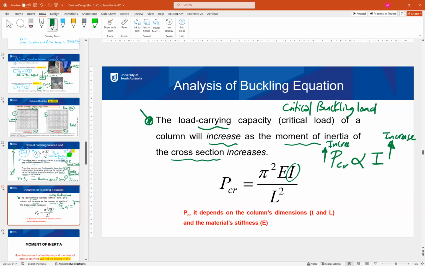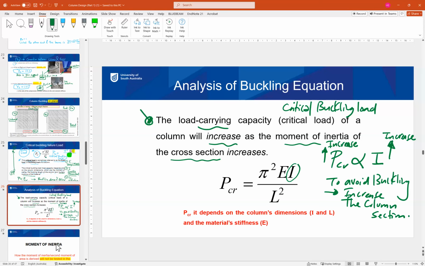So if you want to avoid buckling, what you need to do? To avoid buckling, you need to increase the column section. Similar to the rafter, if the rafter is not safe due to deflection, what do you do? Increase the section. Okay, so this is the formula.